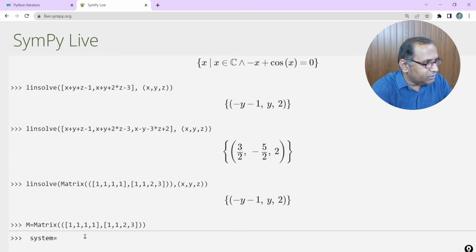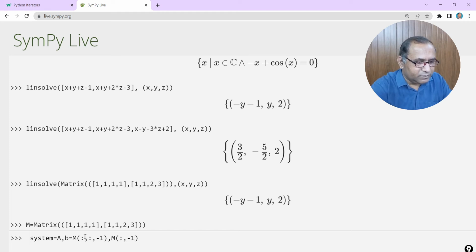System is equal to A, B, which is M[:, :-1] and M[:, -1].